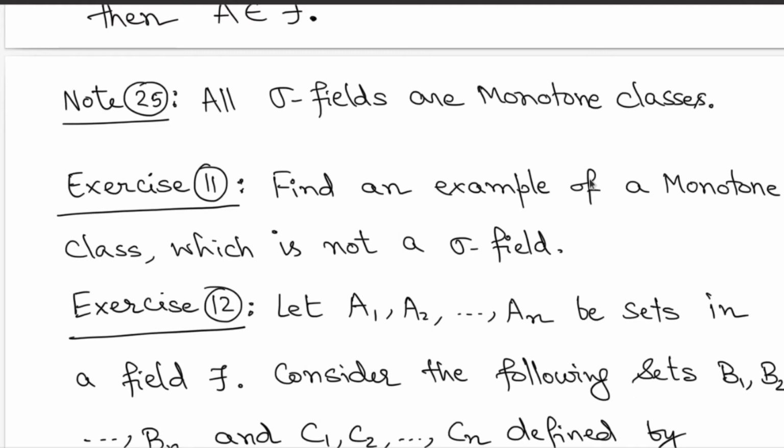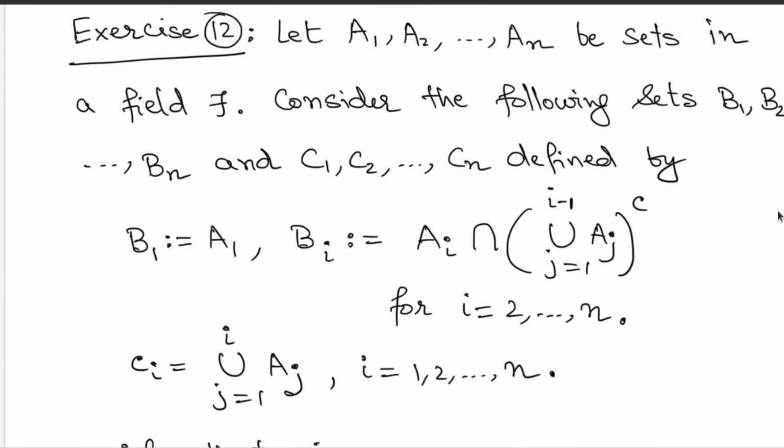In fact, monotone classes, sigma fields and fields have very interesting connections between them. So just to describe that, here is a set of exercises for you. Exercise 12 is in relation to a field, and that's something we are going to use later on. Let's take a finite number of sets in a field, a1, a2, ..., an. Consider these sets b1, b2, ..., bn and c1, c2, ..., cn, which I define as follows.